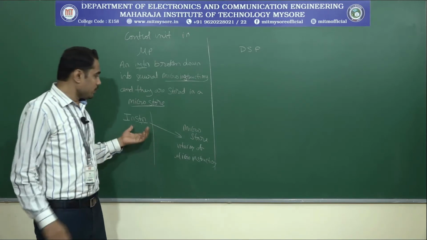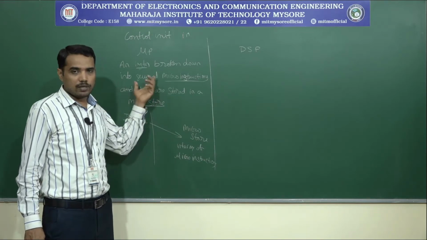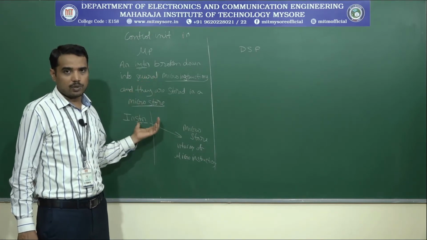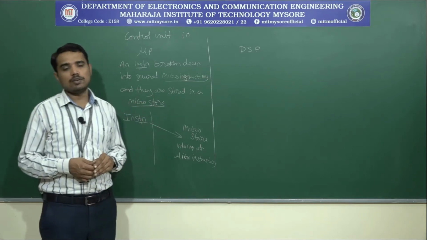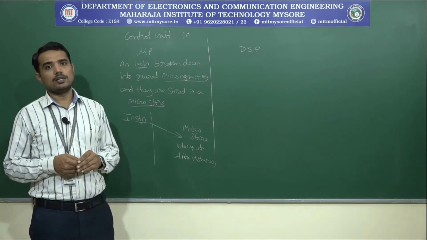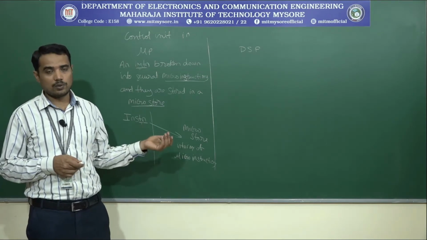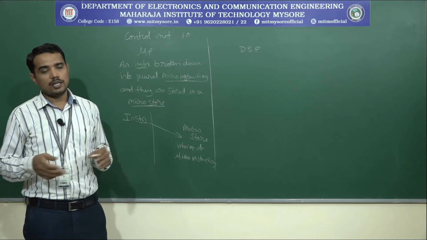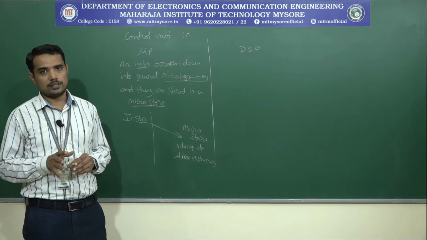If you follow this type of control unit, that is the standard form incorporated in the microprocessor, then we are going to see that the time taken to access the several micro instructions is very, very large. Thereby the speed of the processor will be decreased.